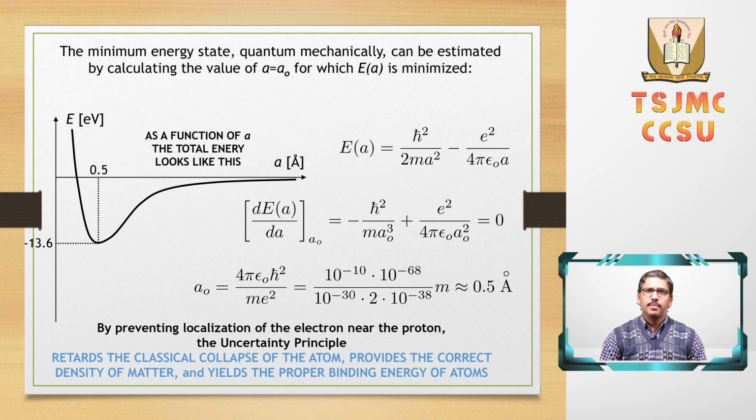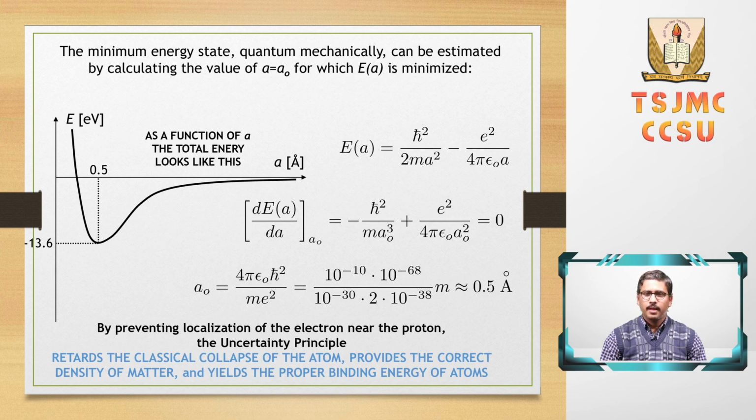The minimum state in a hydrogen atom is basically its binding energy, that is minus 13.6 eV. And as we know, to calculate the minimum or maximum, the extremum of any function, we just differentiate that function with respect to some variable and set it equal to 0, and we get our result.